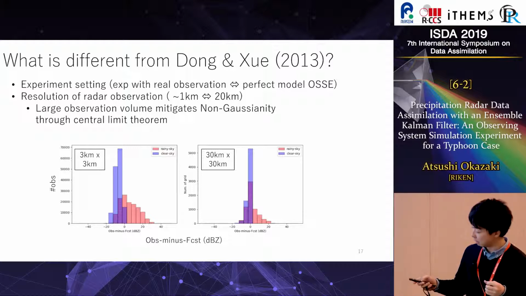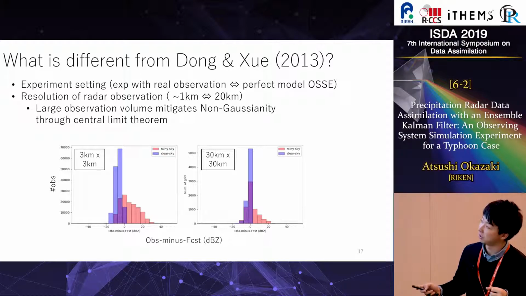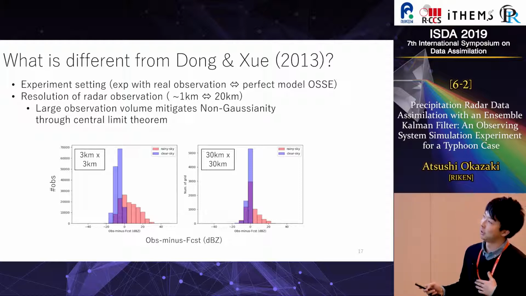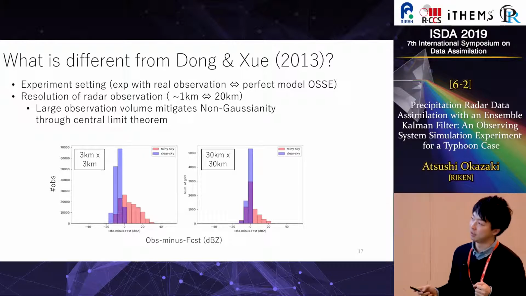The figure shows the observation minus forecast histogram; these figures are created using a resolution of 3 kilometers, and this one using a resolution of 30 kilometers. Qualitatively, the pattern is like a Gaussian in this case. So maybe we have not fully validated it, but the results suggest that, again, a large observation volume may mitigate non-Gaussianity.